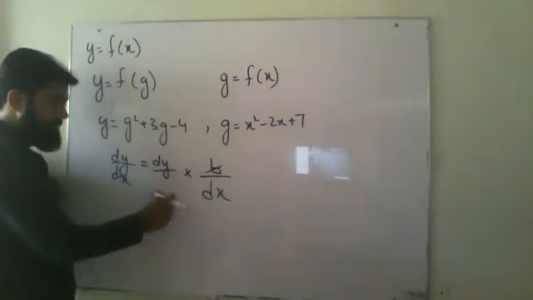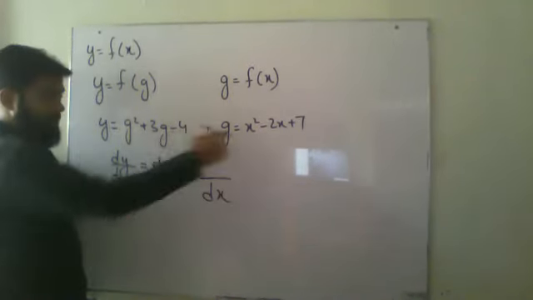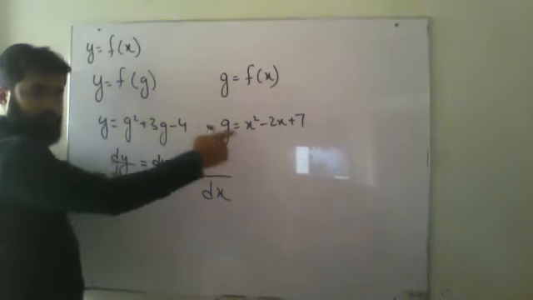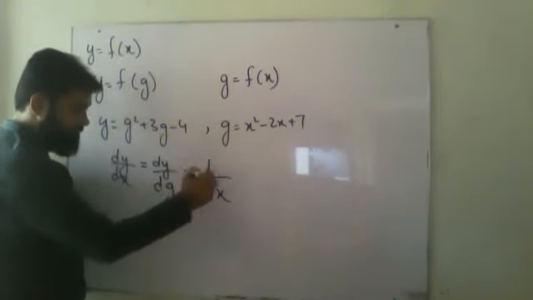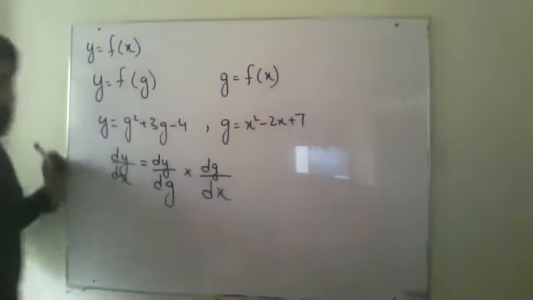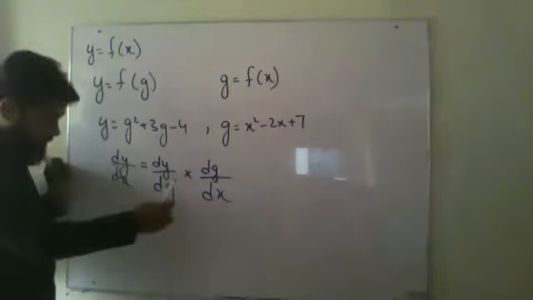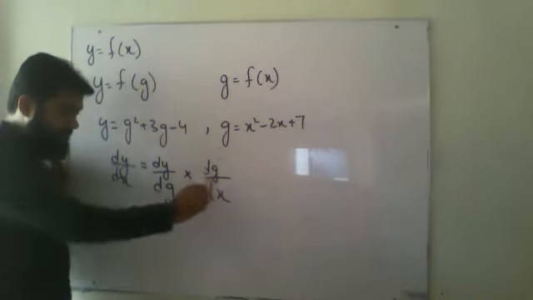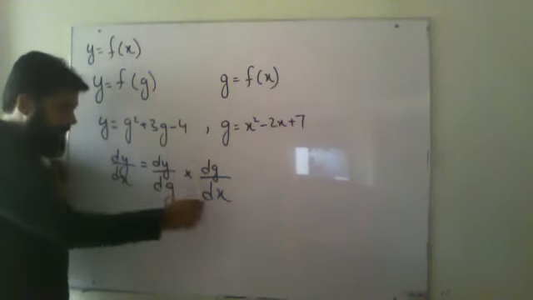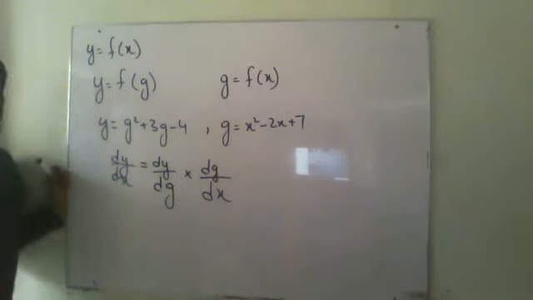Now, for instance, I'm replacing this with the common one. Whatever was common with y and x, I'm replacing it with this. So what will happen? In a general form, dg and dg can get cancelled, and dy over dx will be equal to dy over dx.